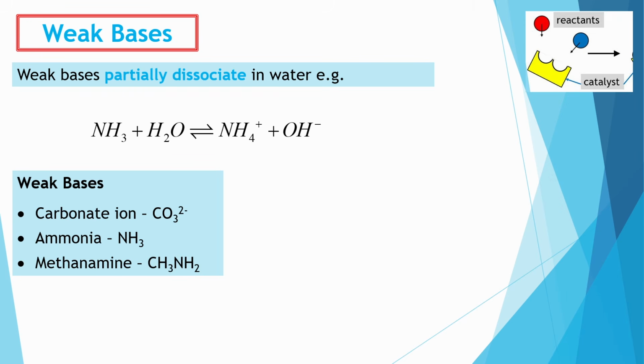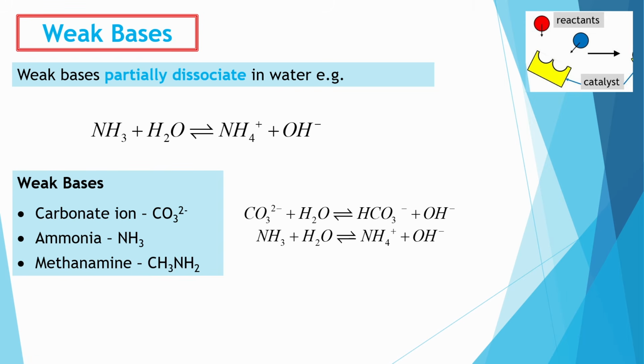But you'll start to recognize this the more that you practice. The important thing, remember, is they partially dissociate, so there's always an equilibrium arrow when they react with water. That's important because, like weak acids, they only produce a very small fraction of the products compared to the reactants.